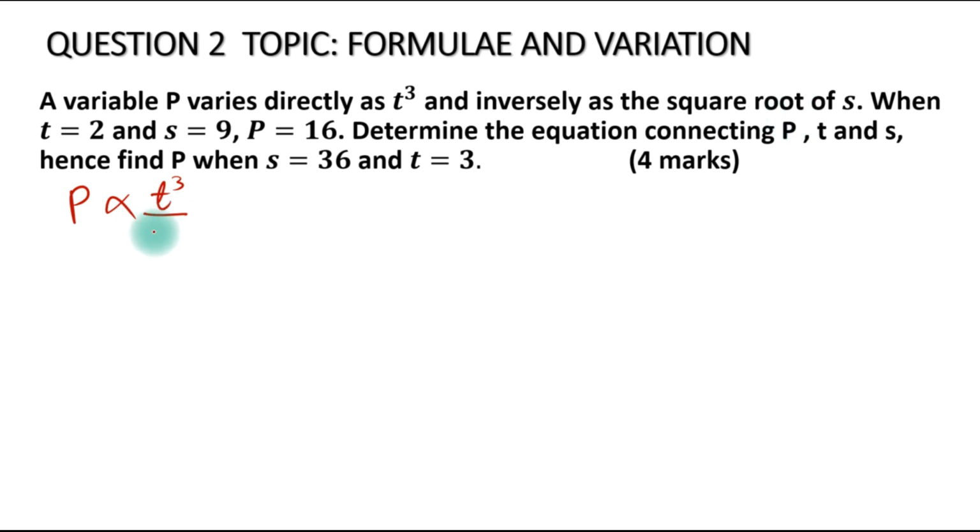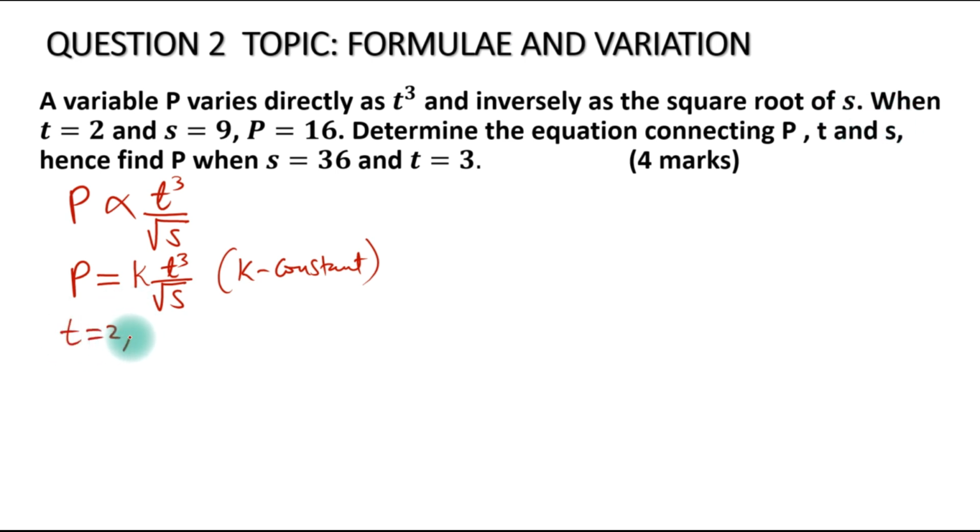So if we are going to introduce a constant value or an equal sign, then we shall have p will be equal to a constant value k times t cubed all over square root of s, whereby k is a constant value.